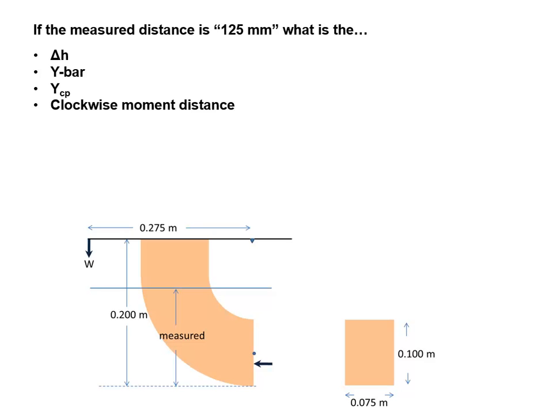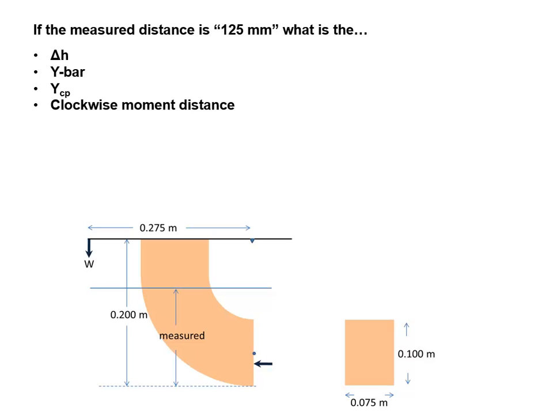Now what's the moment distance? We already know that the moment distance to get this thing to tilt counterclockwise is 0.275 meters. And how does that compare to the moment distance that was over here? What we need to know is the ratio of the moment distances. So the counterclockwise moment distance is 0.275 meters. That's the moment distance from the edge to where the weight is applied. What's the moment distance from the edge to where the hydrostatic force is?